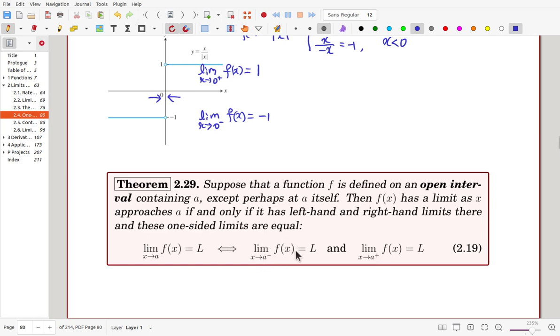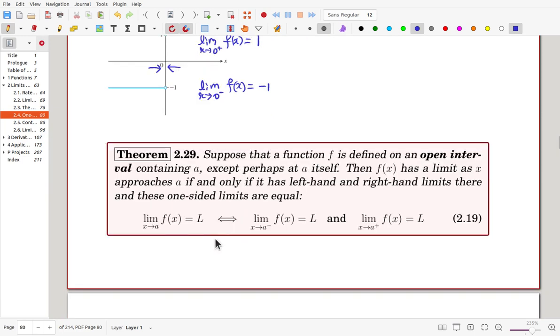So the left-hand limit and right-hand limit should exist and be the same. Then, by definition, the function has a limit as x approaches a, and the limit value is L.